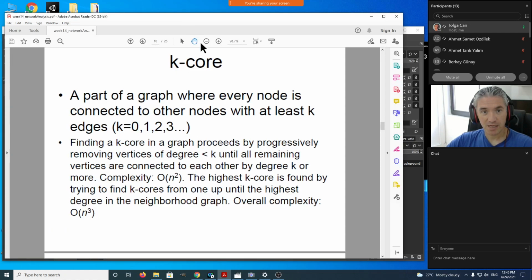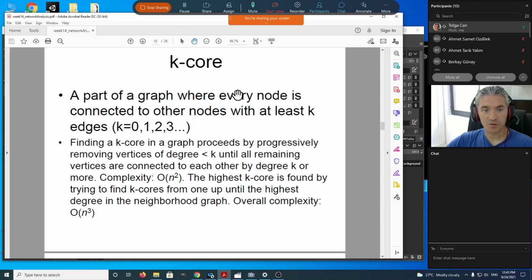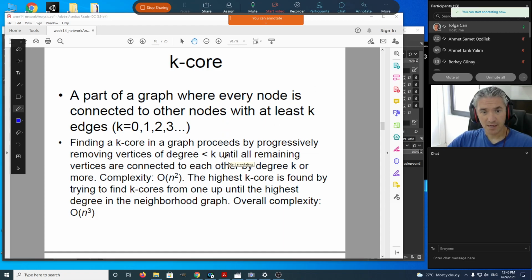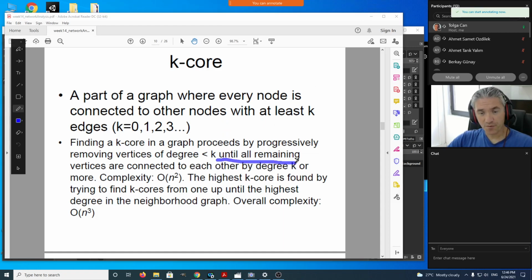Okay, so this loop that we have to continue says we have to keep removing nodes with degree k until all remaining vertices are connected to each other by degree k or more. So there is another loop going on here for a specific k. So it goes on like this.